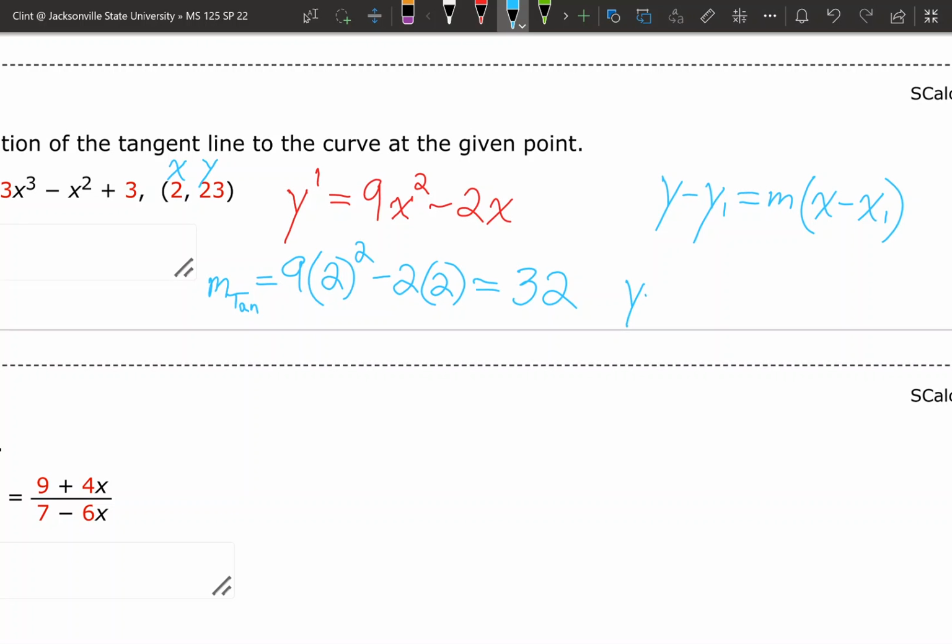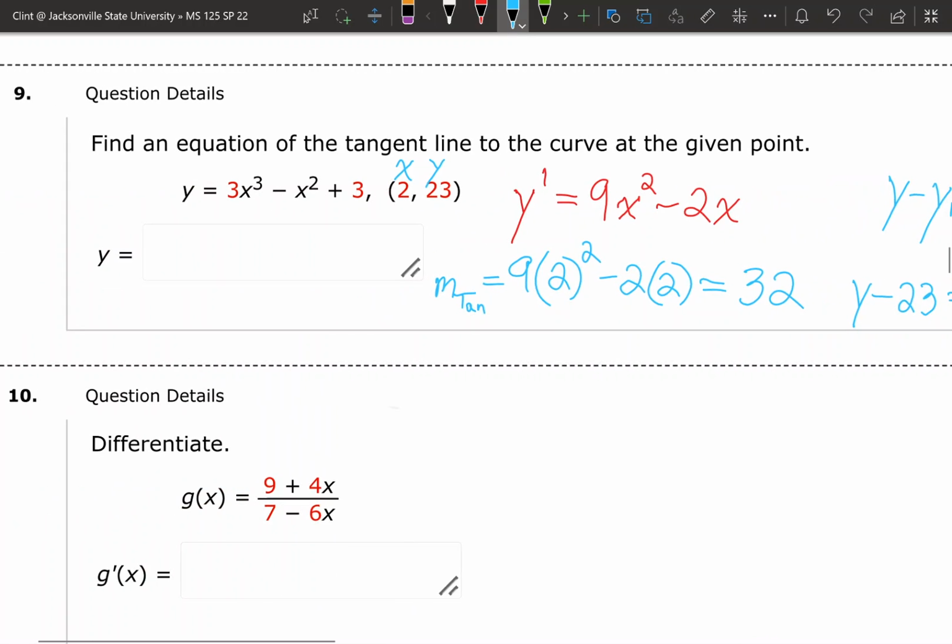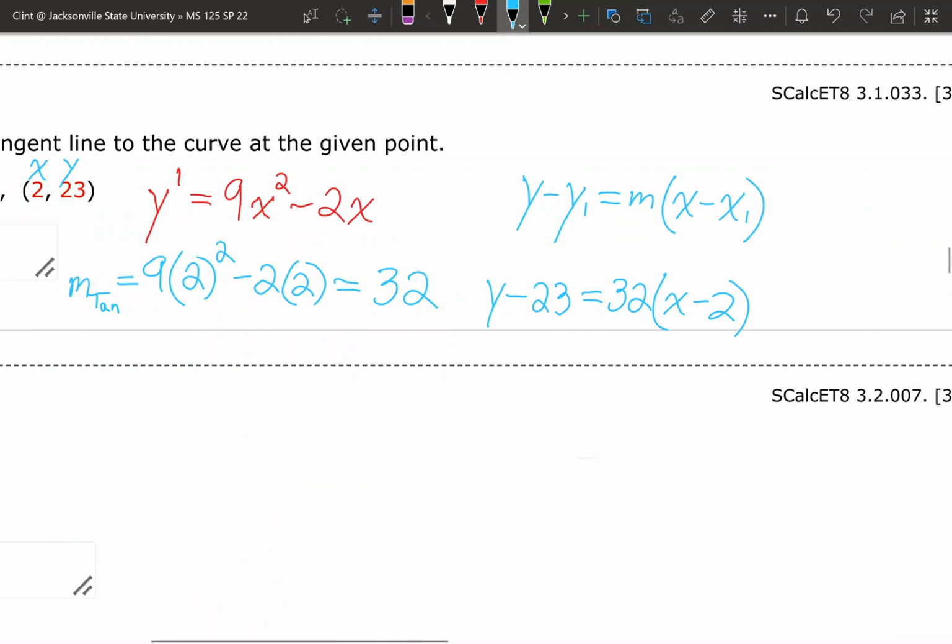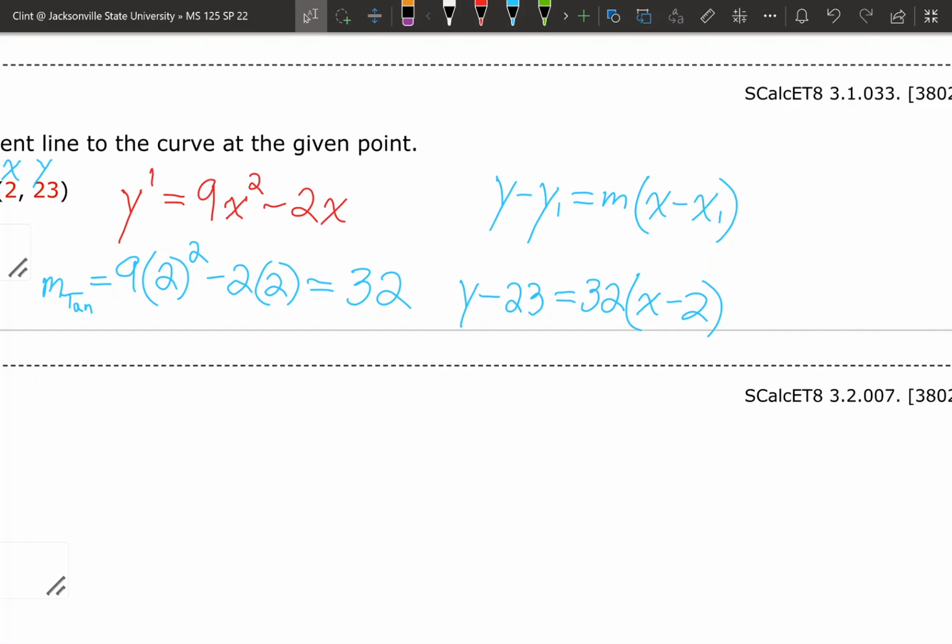So we'll do y minus our y-coordinate, which is 23, equals the slope of our tangent line, which is 32, times x minus 2. And this particular answer box wants it to be y equals something, so we need to solve it for y here.